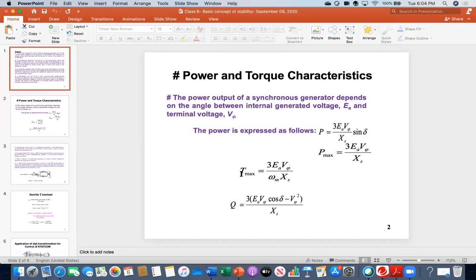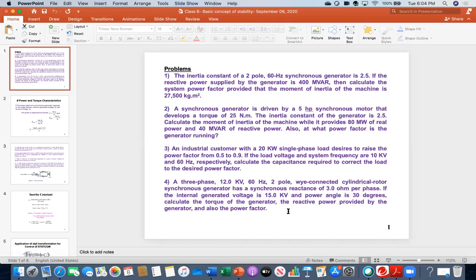Now, see, read number 4 and then use those two equations. You see that 12.5 kV is the terminal voltage of the synchronous generator. But keep in mind, because this is a three-phase system, this is line-to-line voltage.